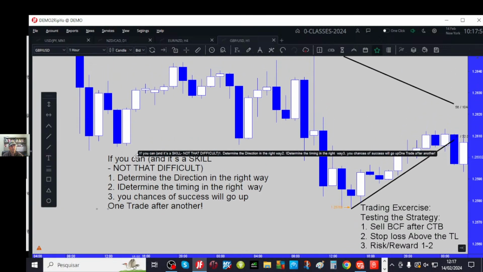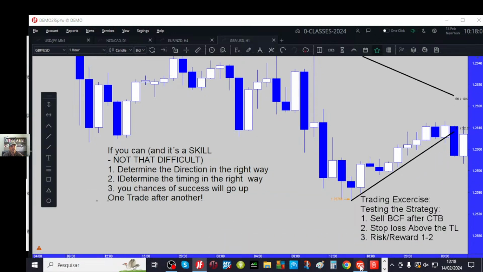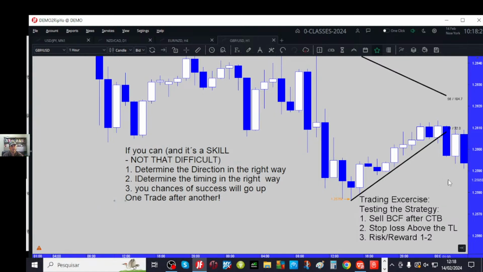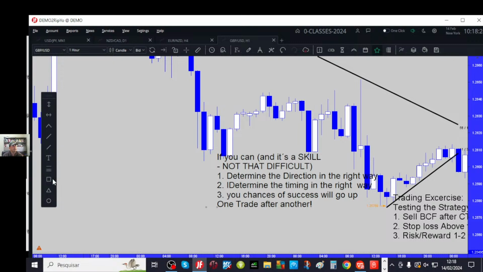So, determine the direction. Well, market is falling, down trend line, right? Determine the timing: counter trend line break, and candlestick formations. Bearish engulfing, alright, all good. I agree with you. This candle, 8, 1, 2, 3, 4, 5 previous candles. Alright? And as we said, this is going to be the entry.